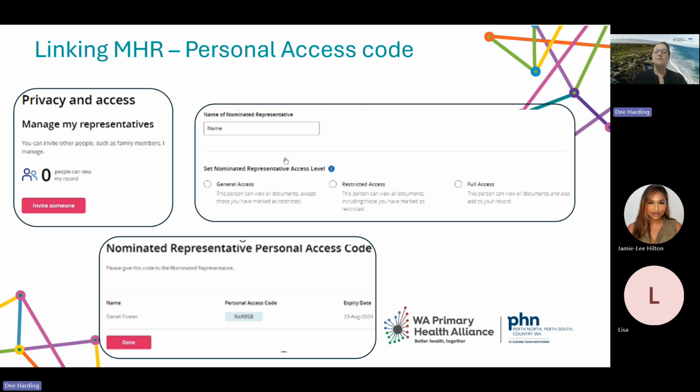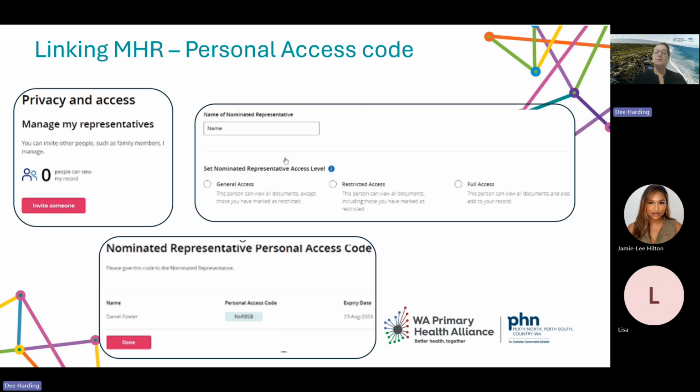They must access their own record and enter in that PAC that is provided for them, that little access code. They will be asked to agree once they've confirmed my name and date of birth. My record would then be visible to that person. So my nominated family or friend, when they go into their record, it will also pop up with my record, and it will give them the option to choose which one they want to see.